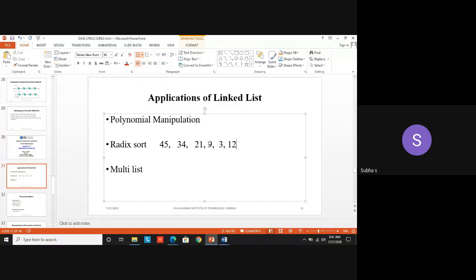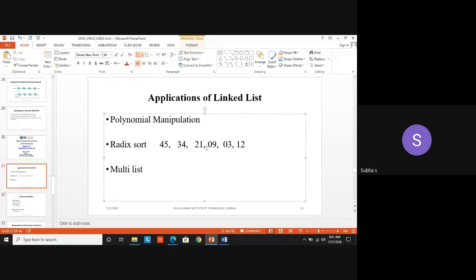You have a single digit only, 9. 9 is the LSB. What is the tens position? 0. So you can represent the 2-digit number as 09, 03. Suppose I have a 3-digit number, 512. For our convenience, you can mention the other 2-digit numbers as 045, 034 like that.